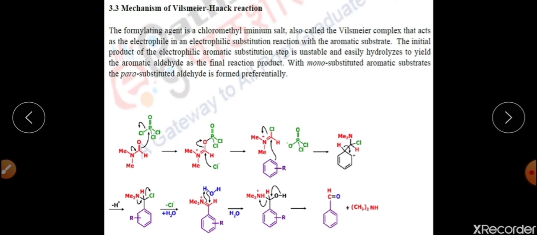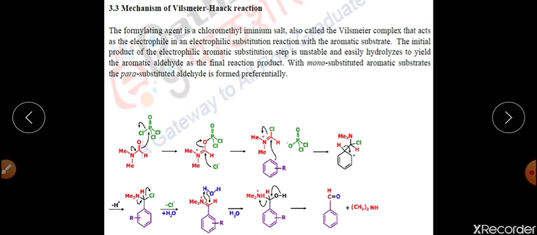And an activated benzene ring should be used for the formylation reaction to happen. So we have studied so far three reactions about formylation, that is the Reimer-Tiemann reaction, the Gattermann-Koch reaction, and the Vilsmeier-Haack reaction.